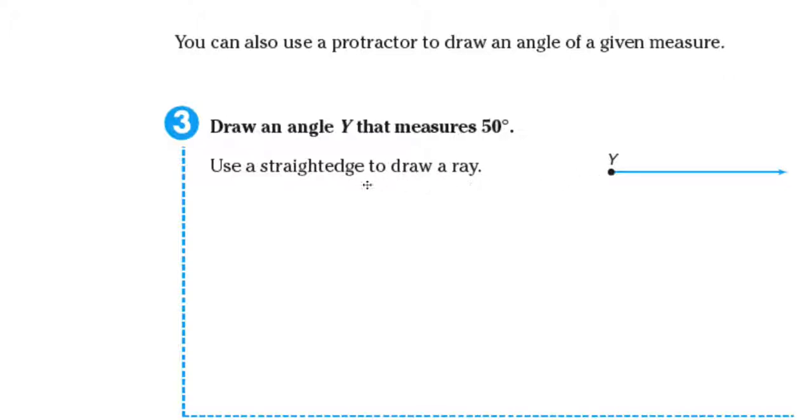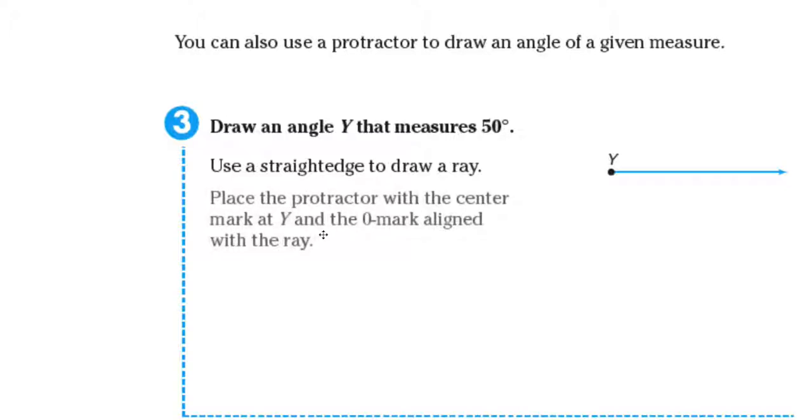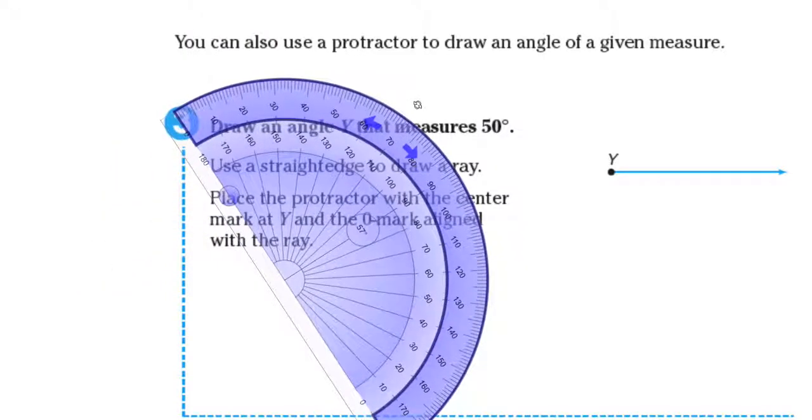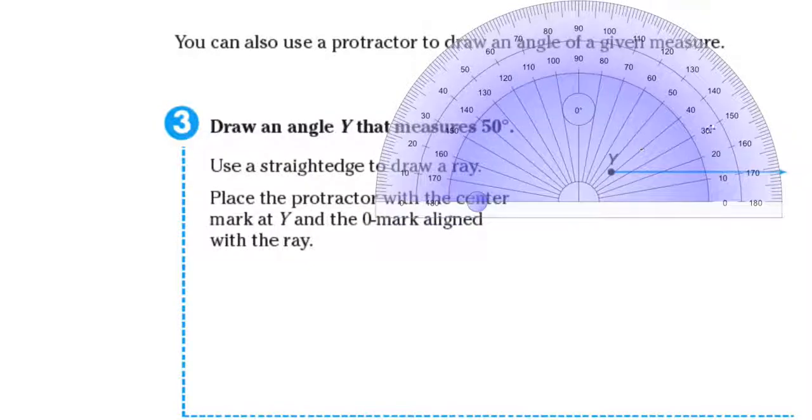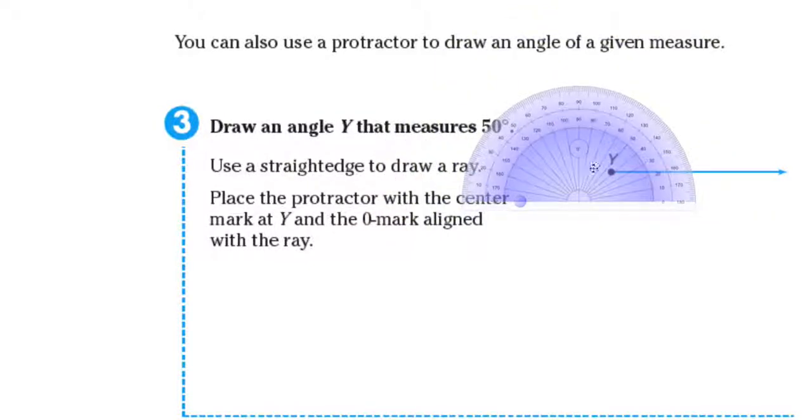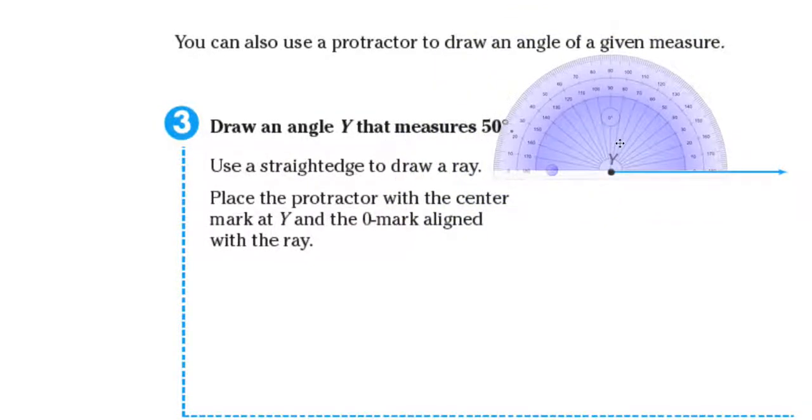After drawing a ray, place the protractor with the center mark at Y and the 0 mark aligned with the ray. So you are going to get your protractor, which I'm going to do right now. I'm going to put that on Y, make my protractor smaller right there.